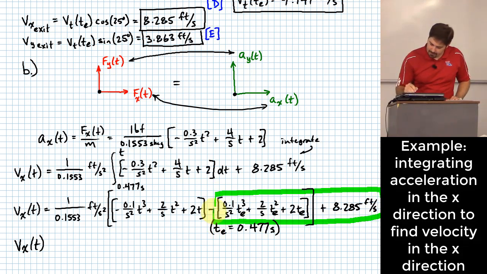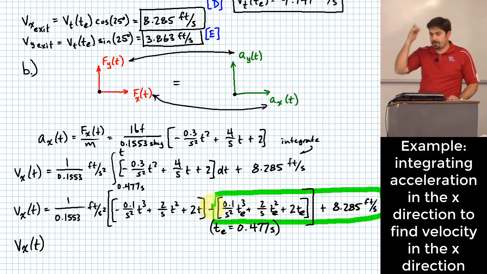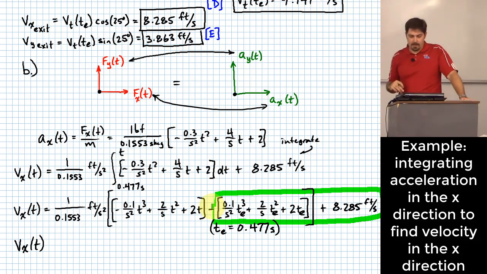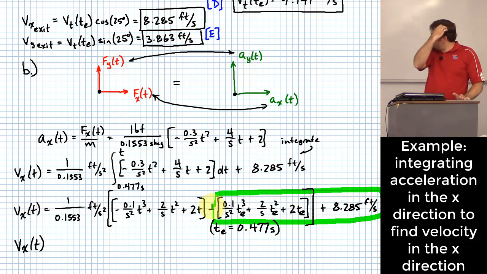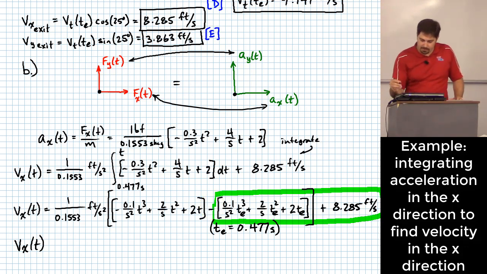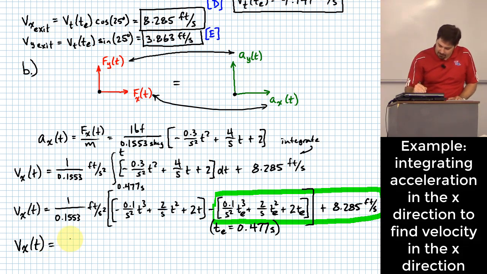All of that is just constant, okay? And if I plug those values in, that's not very interesting, and it'll take a while. I will skip ahead just a little bit here.